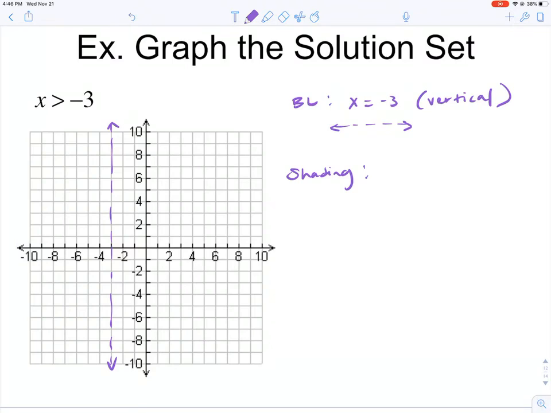And then the shading, so if we think back to the number line for this inequality, we would have shaded to the right of -3 for all values of x that are strictly greater than -3. So we're going to also shade to the right here. Oops, I don't know why I put an extra t on there.